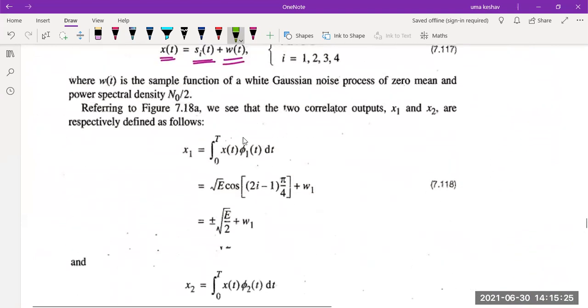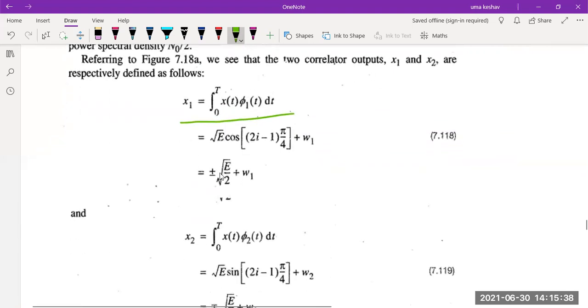You see here, the output of the first correlator is the received signal x(t) multiplied with phi1 and integrated over 0 to T. Once we substitute the values, this will result. We are not going into in-depth analysis. You will have to just simplify, and remember, in-depth analysis is not required for you.